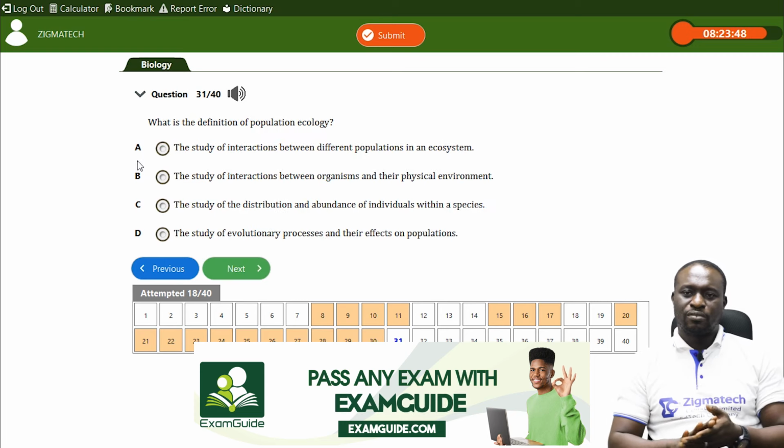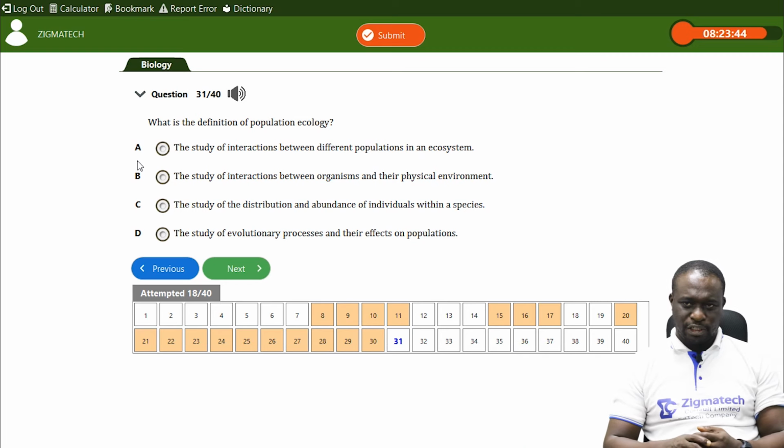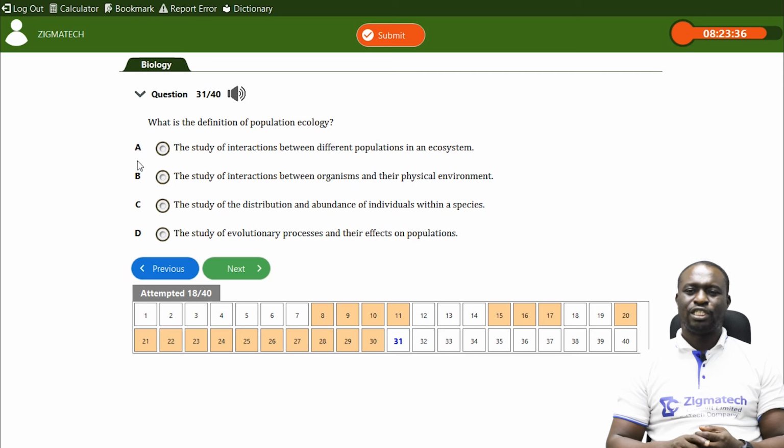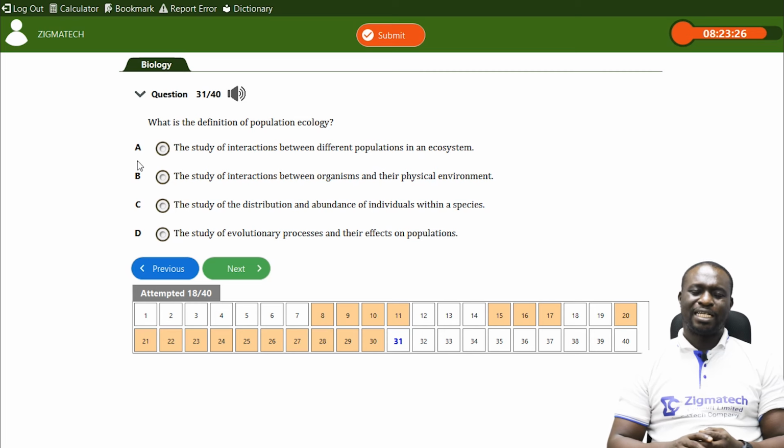Next, 31. What is the definition of population ecology? Of course, we know that population has to do with the total number of organisms of the same species living in a particular place at a particular time. Armed with that understanding, look at the options.